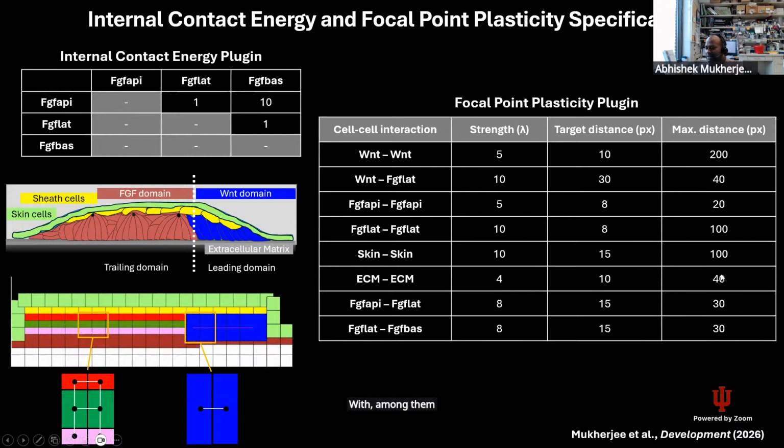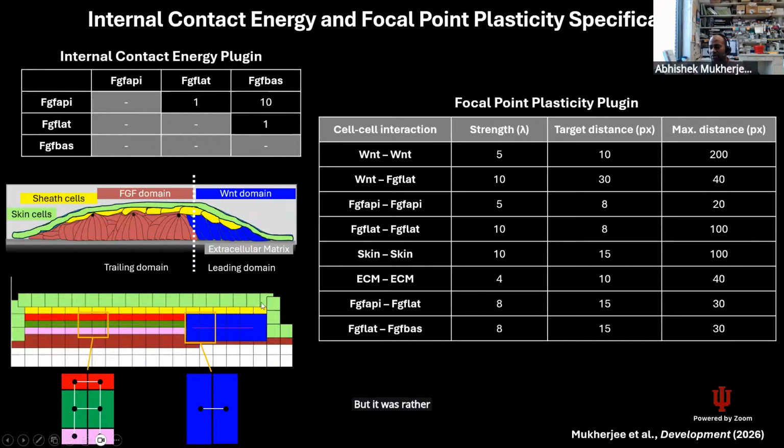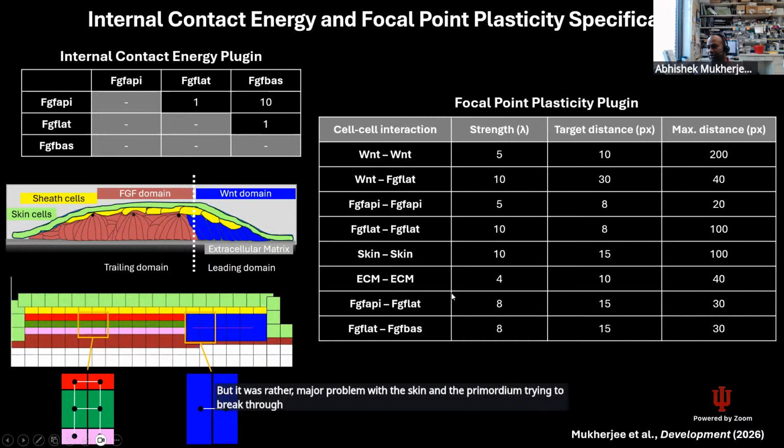And ECM, we did not need to implement such a high max distance or a high strength, perhaps because the ECM had the muscle layer beneath, so this was not a problem of breaking up the ECM and the primordium migrating through, but it was rather a major problem with the skin and the primordium trying to break through that layer.